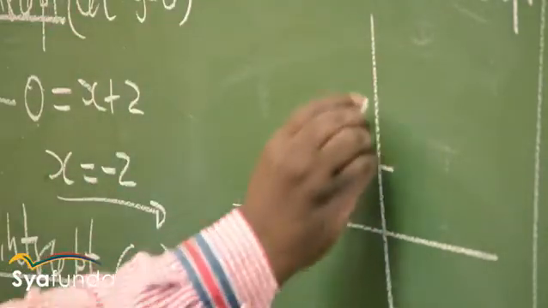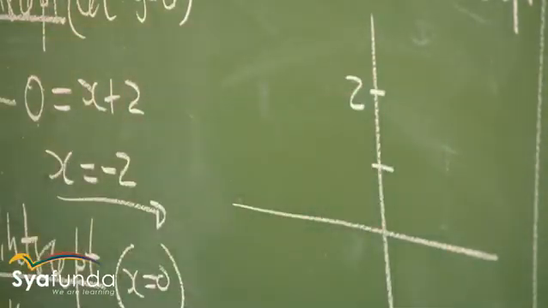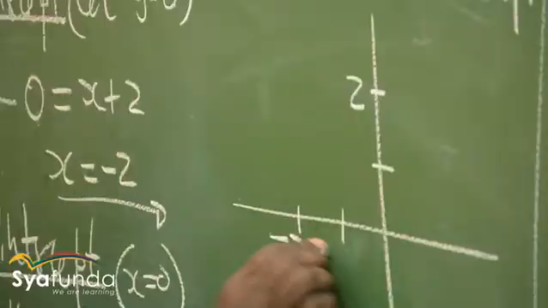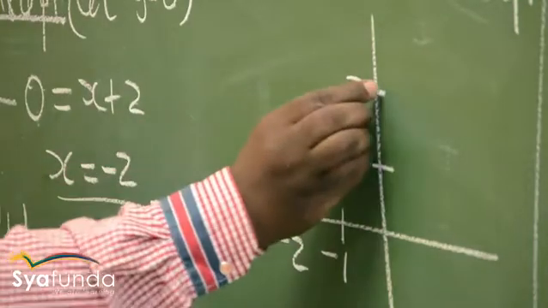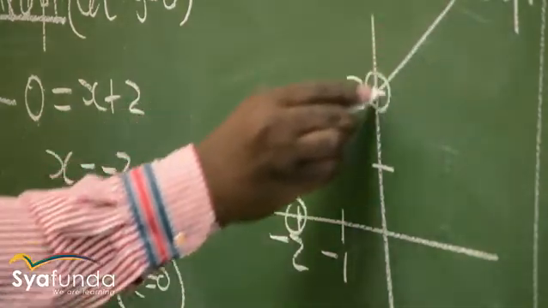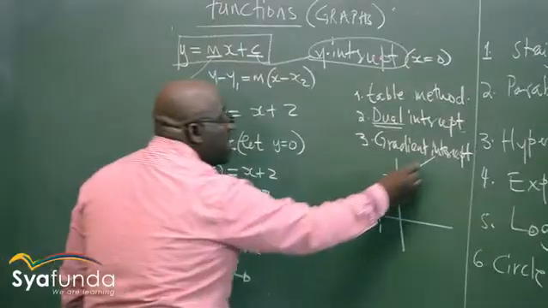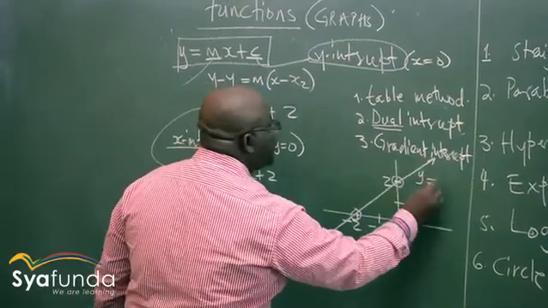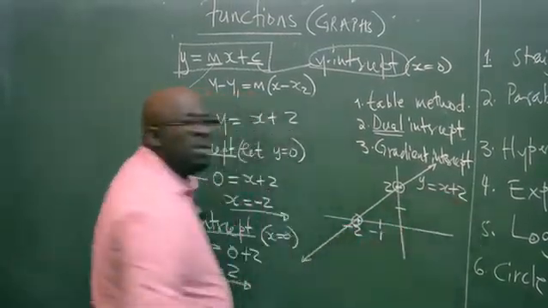So if this is 1, that will be 2. Y is positive 2. And x is negative 2. Negative 1. This is the main point, and this is the main point. Then we sketch this graph. Remember to name your graph. This is the graph of y = x + 2.